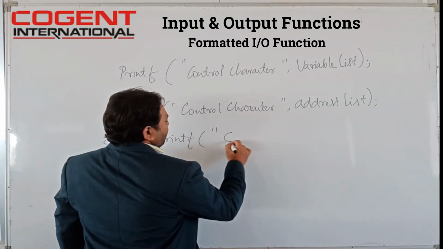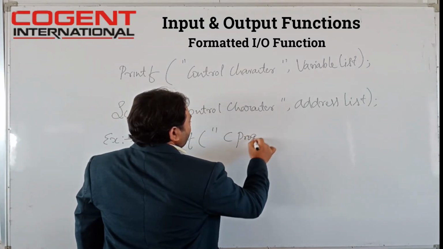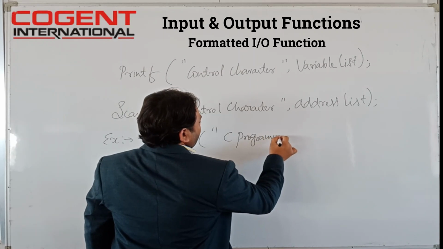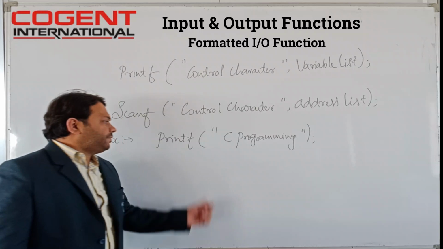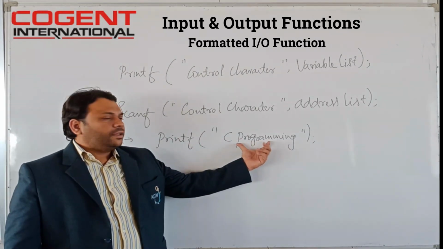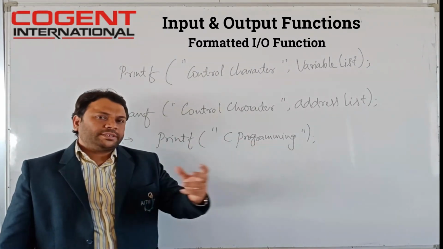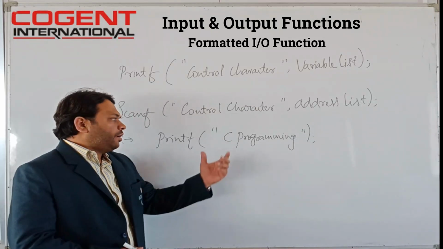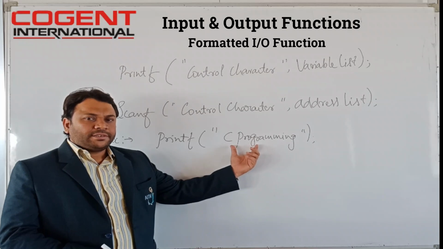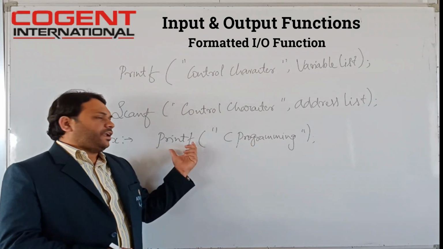I want to display the C programming. That's it. So this function will print the C programming text onto the standard output device, that is onto the monitor. So you will get the output as C programming for printf here.